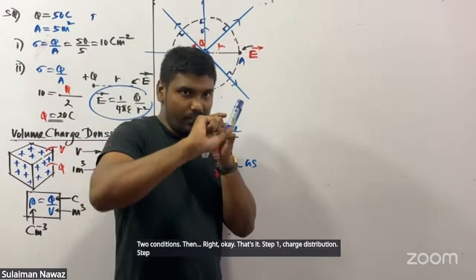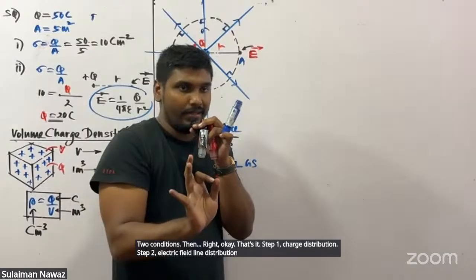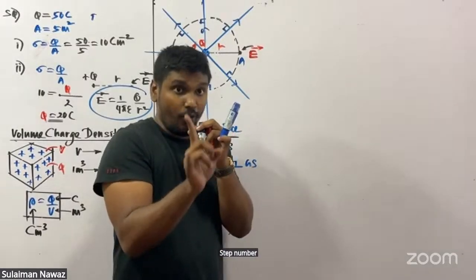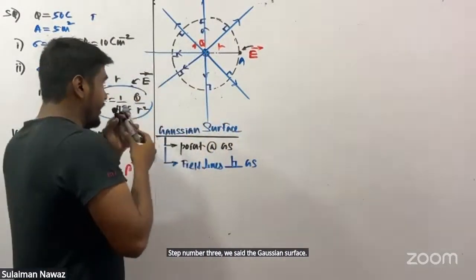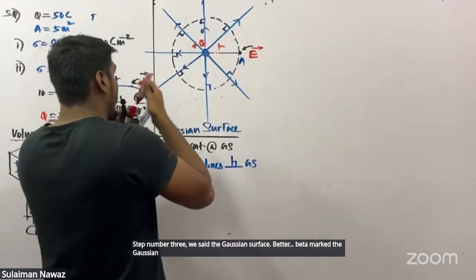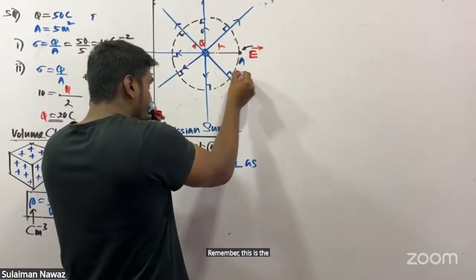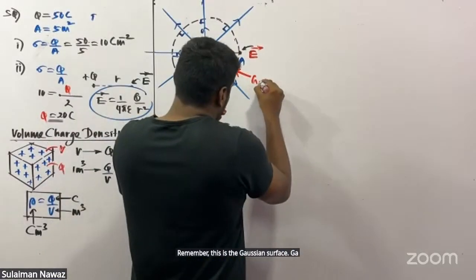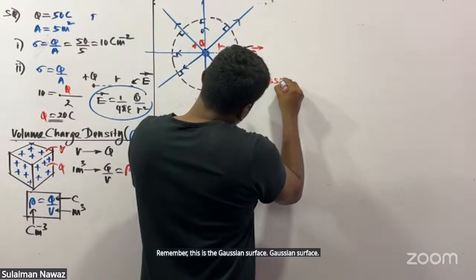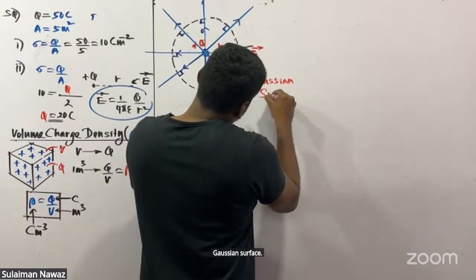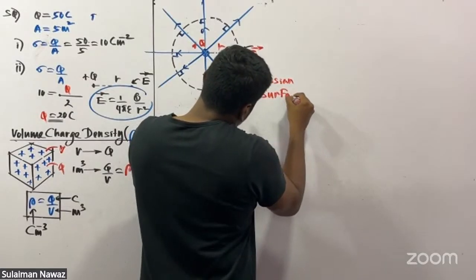Step 2, electric field line distribution we realized. Step number 3, we selected the Gaussian surface. Better I mark the Gaussian surface in red color; here I marked it in black color. Remember, this is the Gaussian surface. Step number 3 also done.